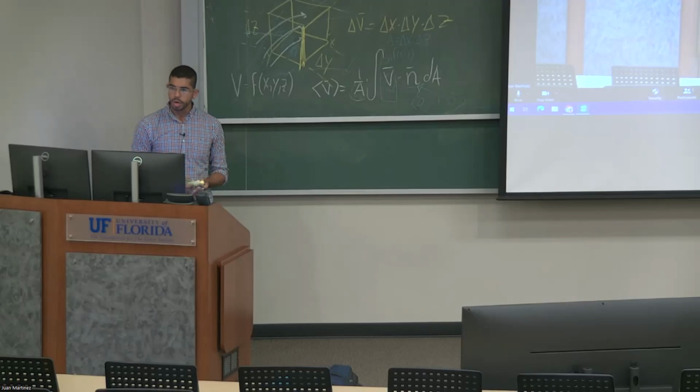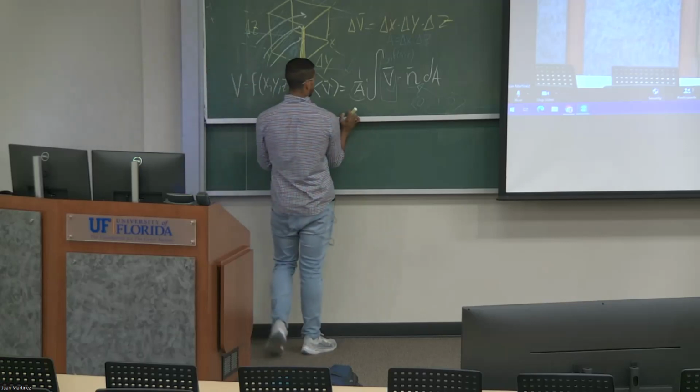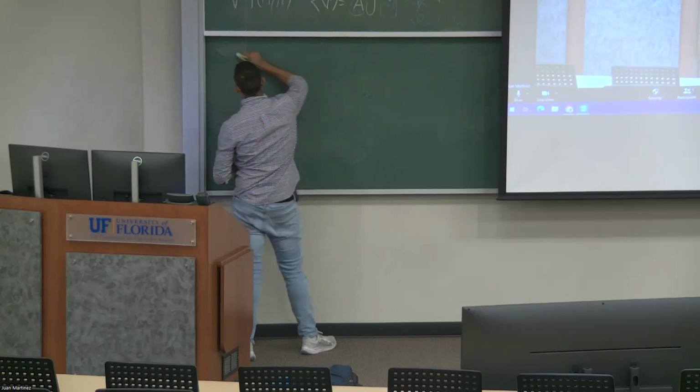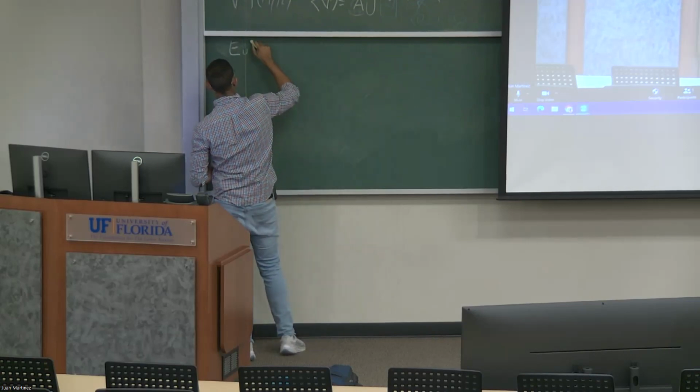The one that is going to be more common for you guys is a type of representation called the Eulerian.